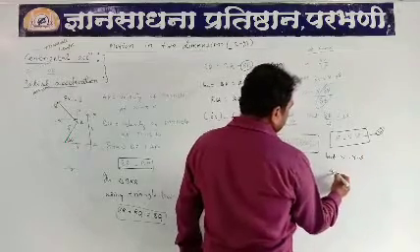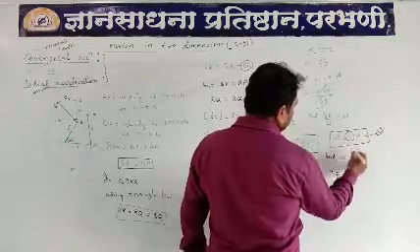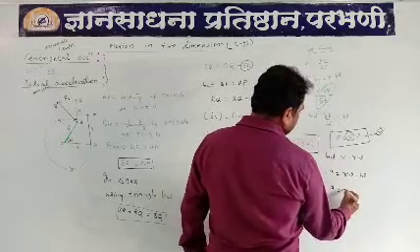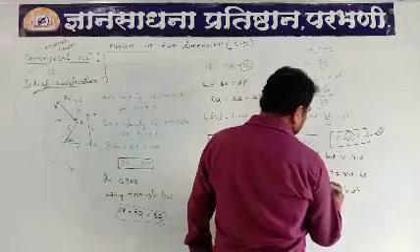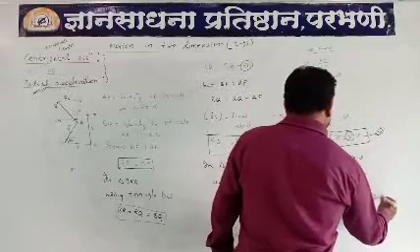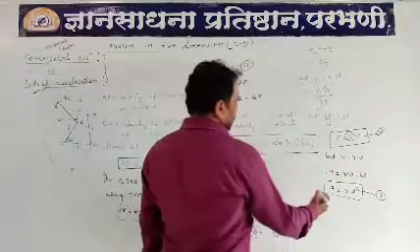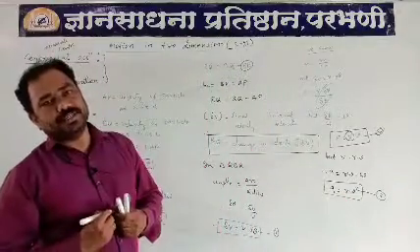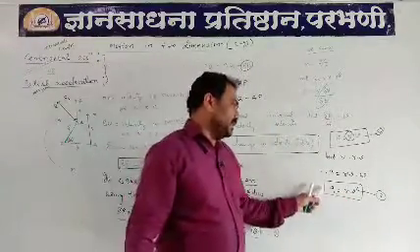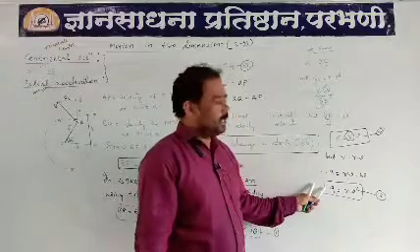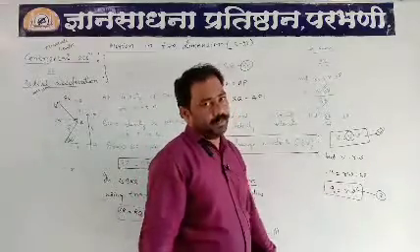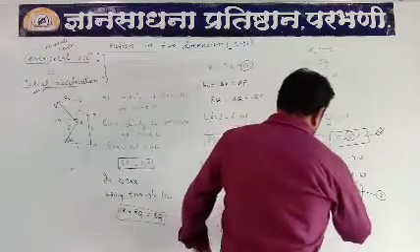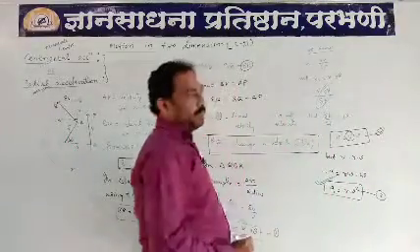So instead of v we can write r omega into omega. So acceleration is equal to r omega square. This is the proper magnitude of centripetal acceleration, AC, and it is the most important formula: r omega square.